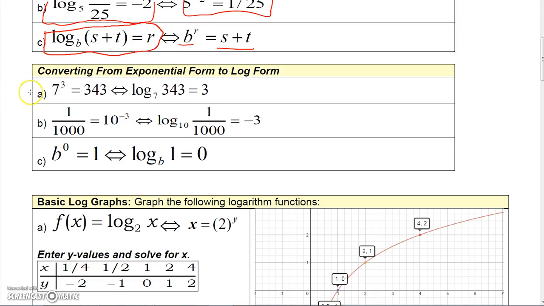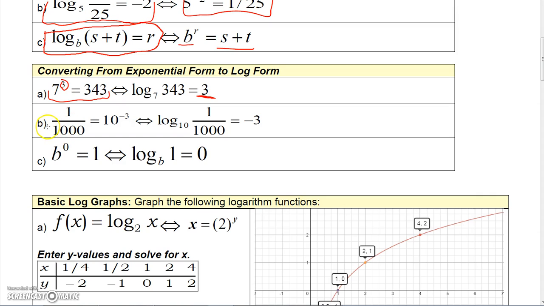Now I can also give you some true statements in exponential form and convert them to log form. So if I say 7 cubed is 343, which is a true statement, then that's the same as saying the log of 343 base 7 is 3. Notice what the log equals. That's equal to the exponent from over here.